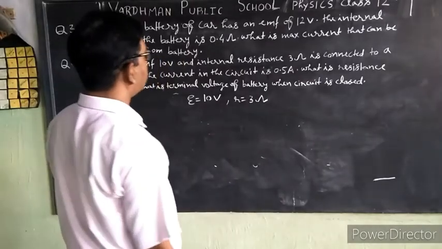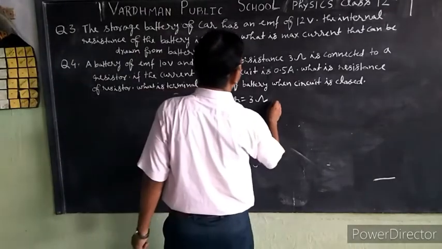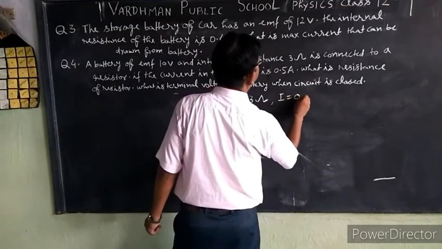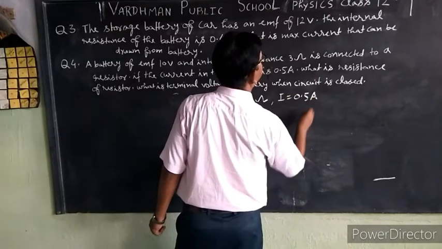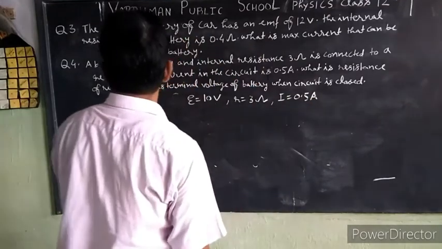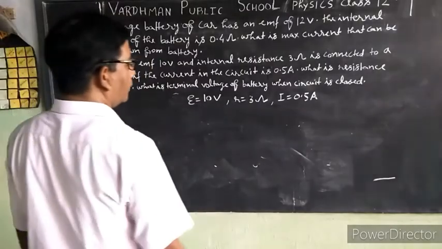If the current in the circuit I is equal to 0.5 ampere, what is the resistance of the resistor?